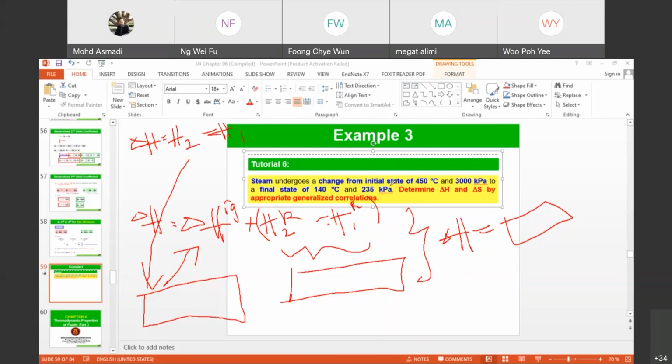So H2 is this condition and H1 is this condition. Nur Umaira, are you there? Tak ada.